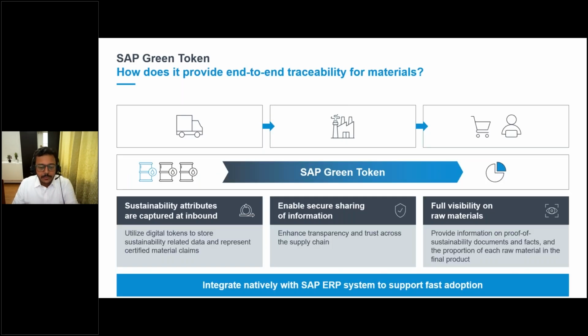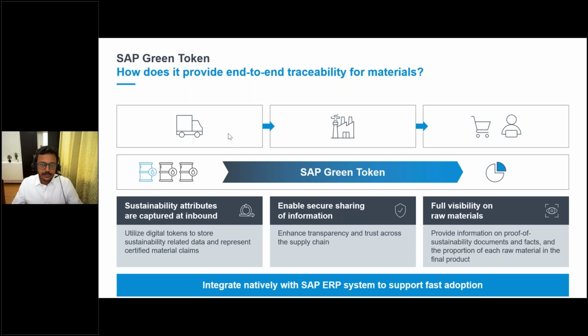Now, how does Green Token enable this kind of traceability in the materials? So in a nutshell, the processes can be divided into 3 steps. So we have the inbound flows where the materials come into the organization.